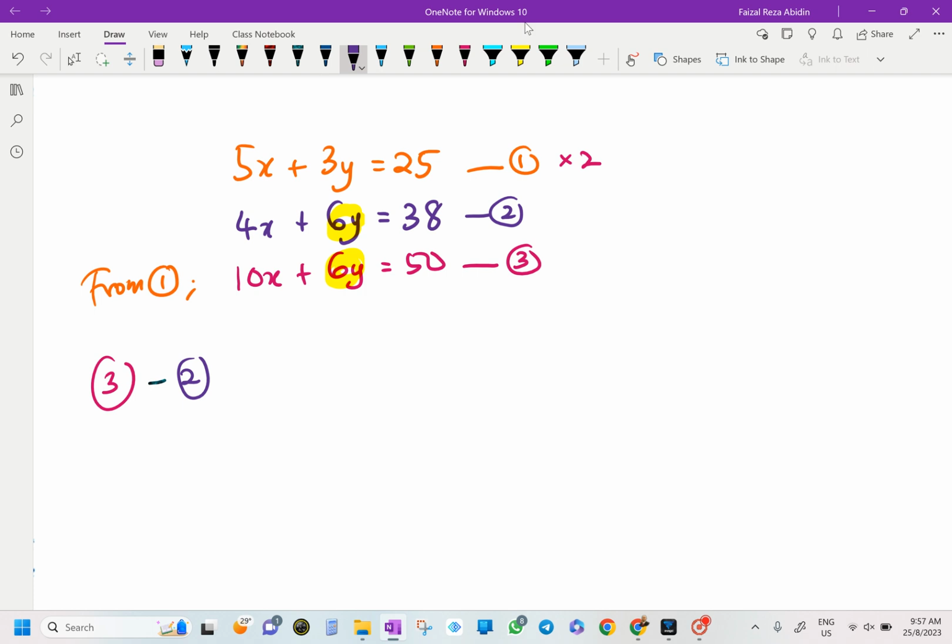So, 10 minus 4, we get 6x. 6y minus 6y, finished already. 50 minus 38 is 12. So 6x equals 12, x is going to be equal to 2.